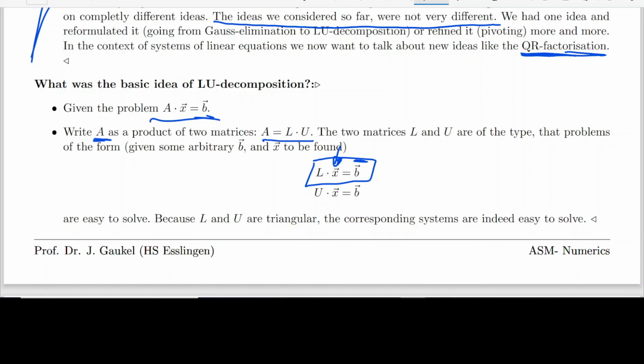And also the second matrix of the product L times U, U times x equals b, with U given and b given, and we are looking for x satisfying the equation, then it's also easy to find the solution x, in this case by backward substitution.